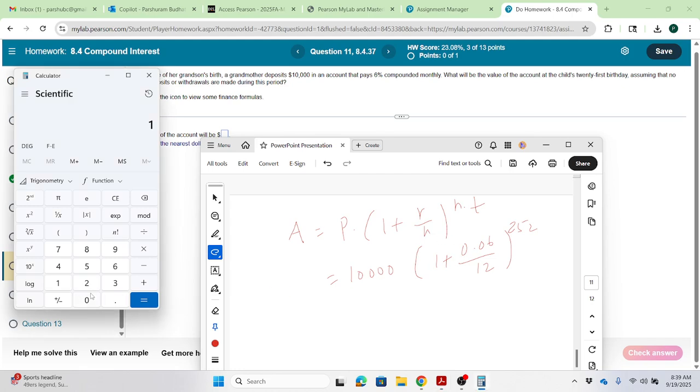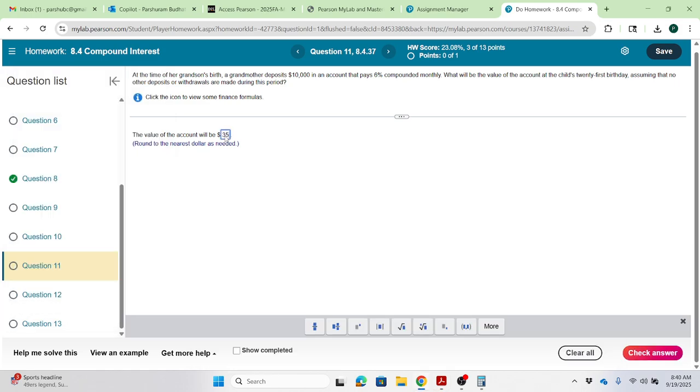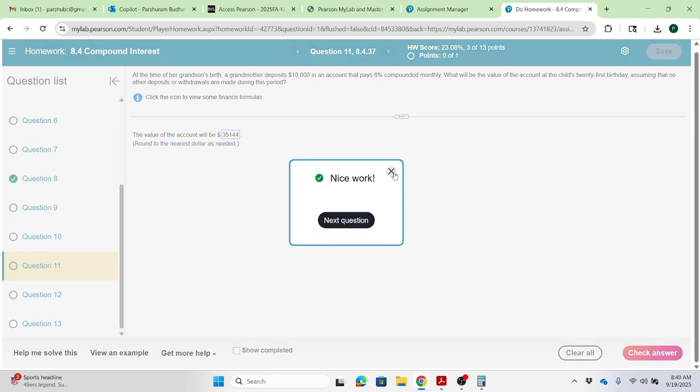Calculate this, just type: 10,000 times parenthesis 1 plus 0.06 divided by 12, parenthesis close, power 252. That's 35,143, and if you round it to the nearest dollar, it's 35,144. Okay, that's all for this section.